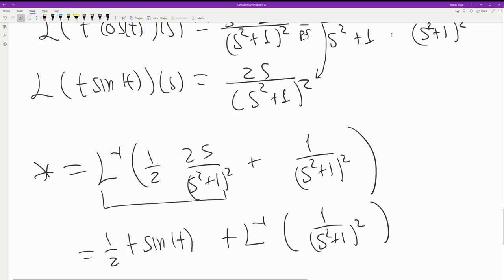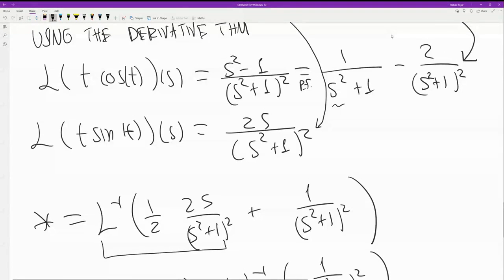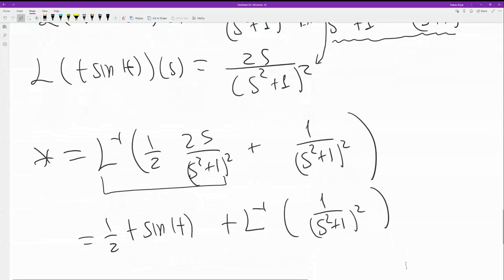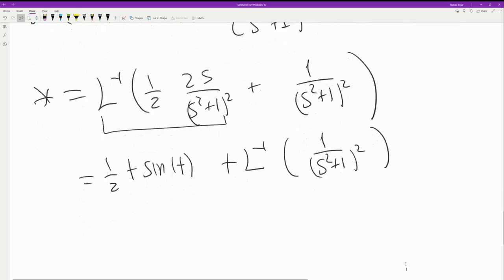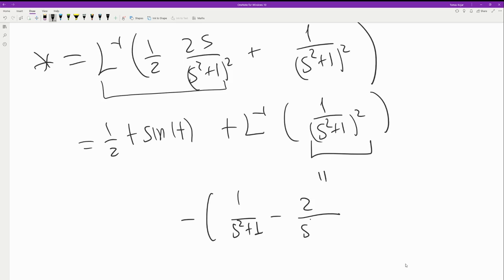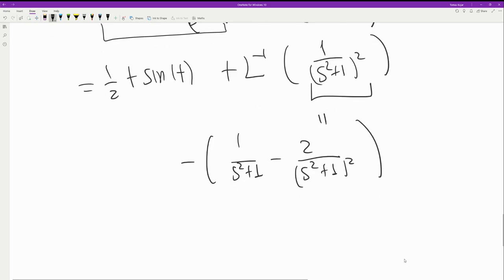For the second guy, we will use the cosine formula, t cosine t. So we do the following. This is equal to, it's a bit long, but stay with me. So this is (s squared plus 1) minus (s squared minus 1) over (s squared plus 1) squared. So this is what we want. And then I have to add and subtract this guy.